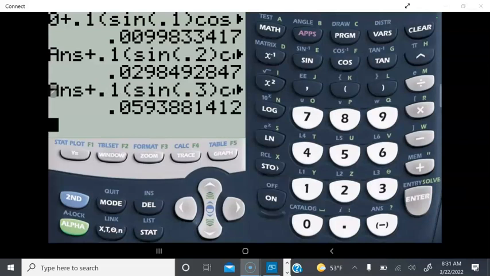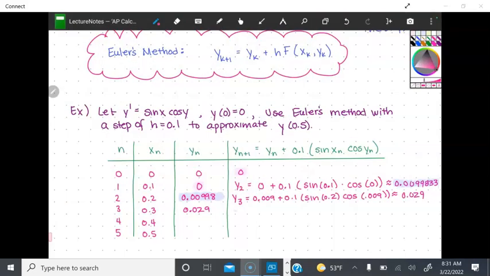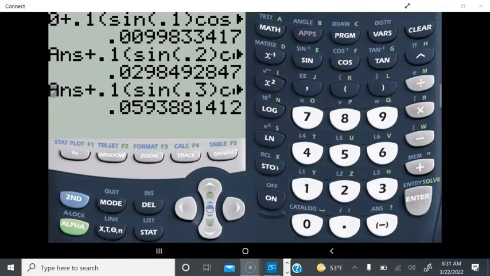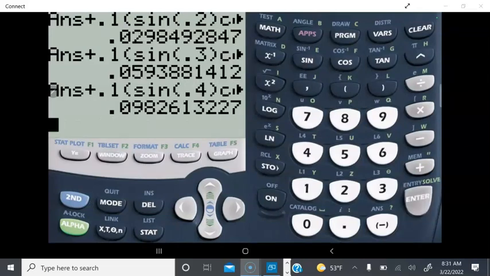And I hit enter, and there's my new value for y, 0.059. And then I'll go back here, and I'll do it again, second enter, and I'm going to change 0.3 to 0.4. And I get 0.098.